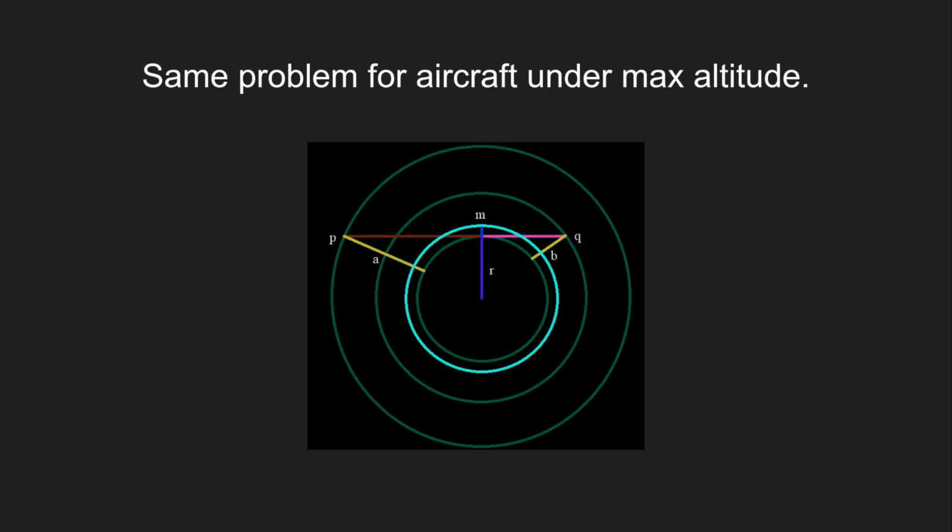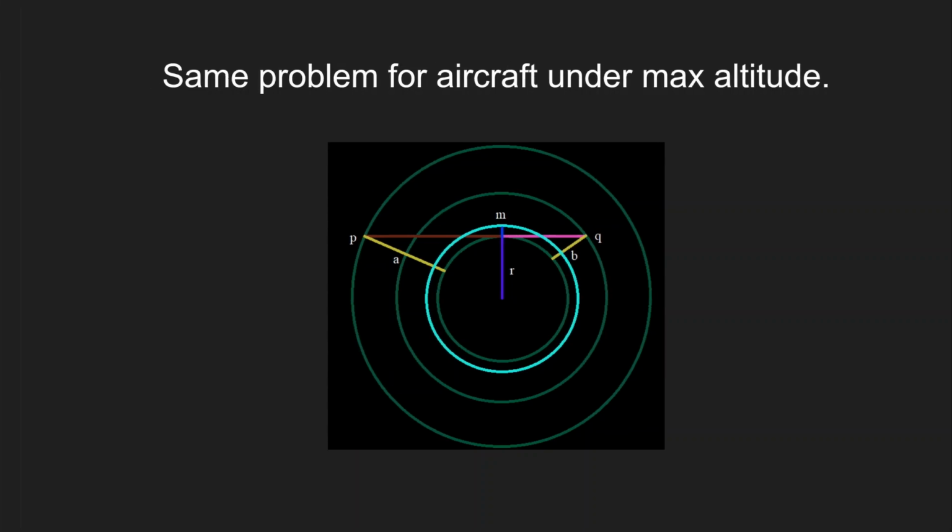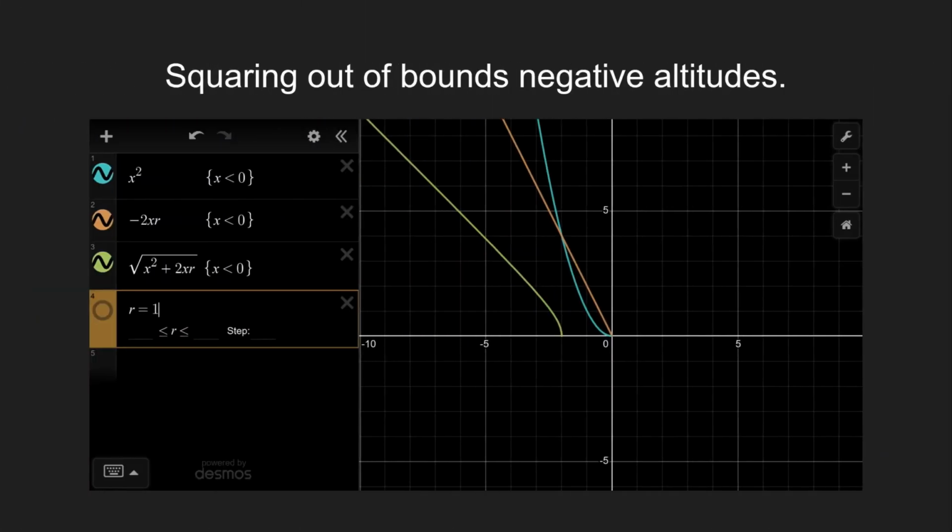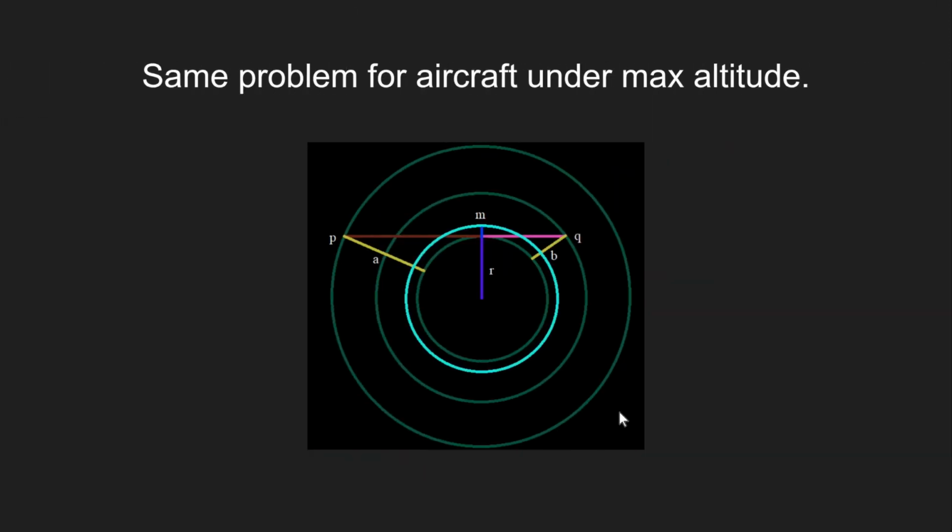So any solution we come up with has to reflect that. Extraneous solutions that we don't want will also happen if our planes are in between the Earth and this maximum elevation. Well, how do we solve this?